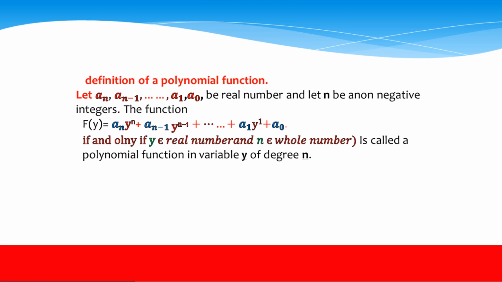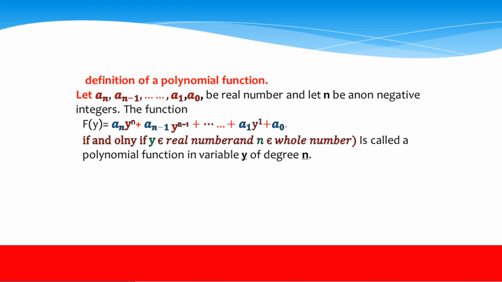The first definition was a polynomial function in the variable x of degree n. The second is a polynomial function in the variable y of degree n. So the only difference here is x and y.